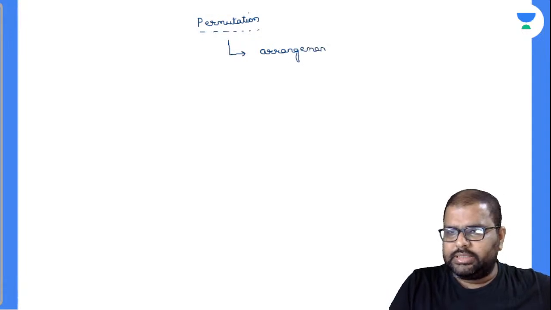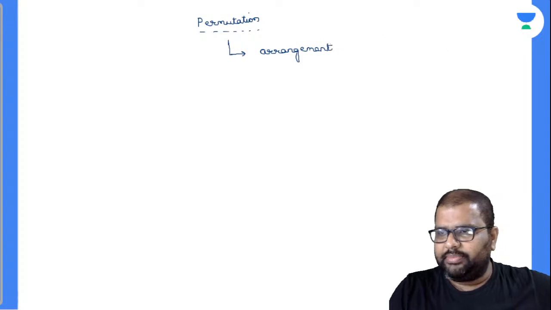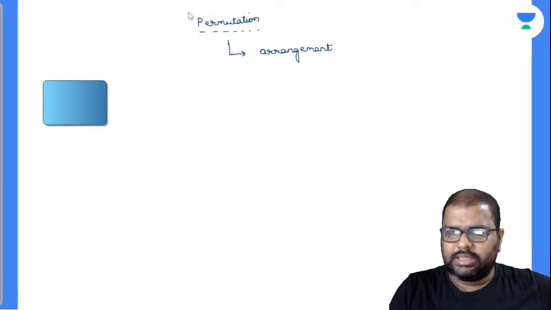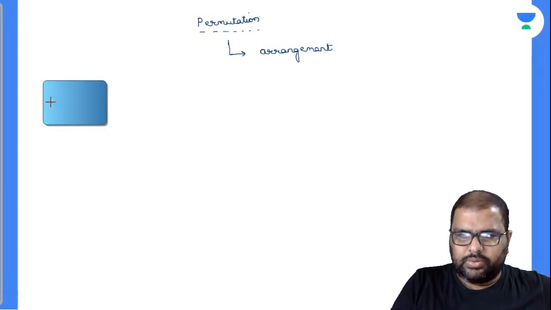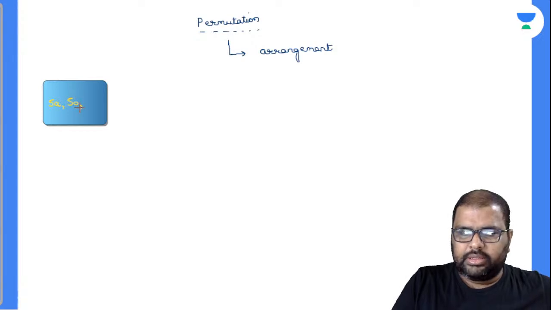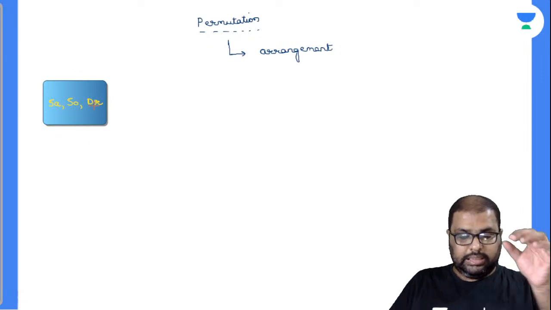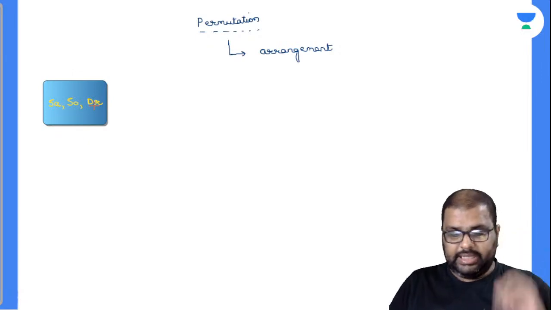Let us continue with the same example that I have taken in the previous slide. देखो, let us suppose मेरे पास एक box था. इस box पर Sachin, Saurav, Dravid are there. Now first of all, the term permutation is nothing but arrangement.